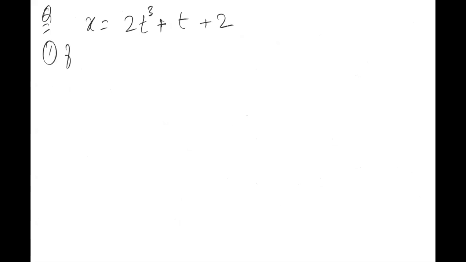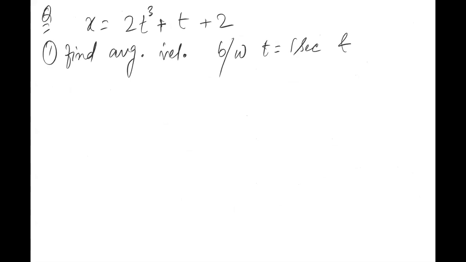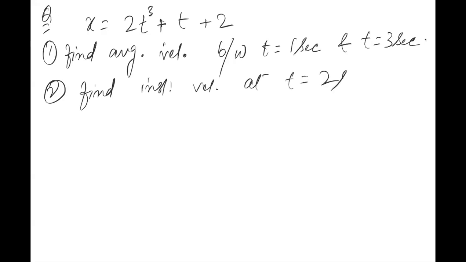First, find the average velocity between t equal to 1 second and t equal to 3 seconds. And the second part of the question is find the instantaneous velocity at t equal to 2 seconds. Please try to solve.